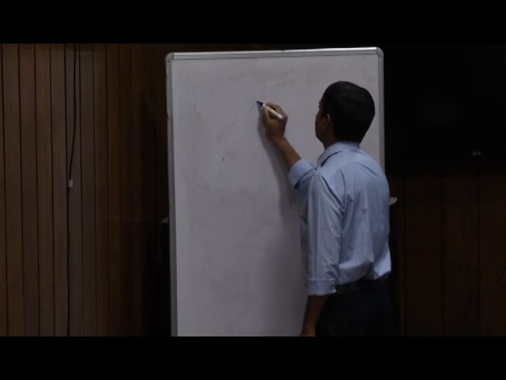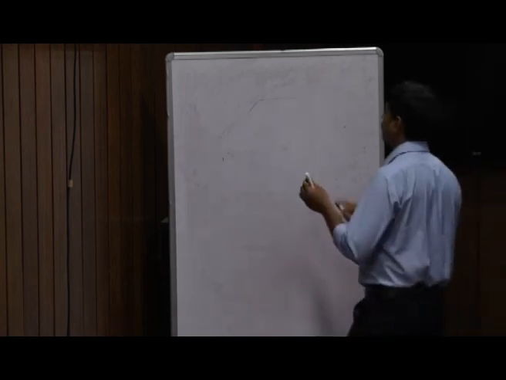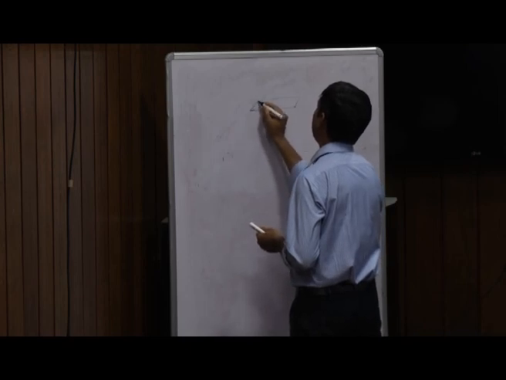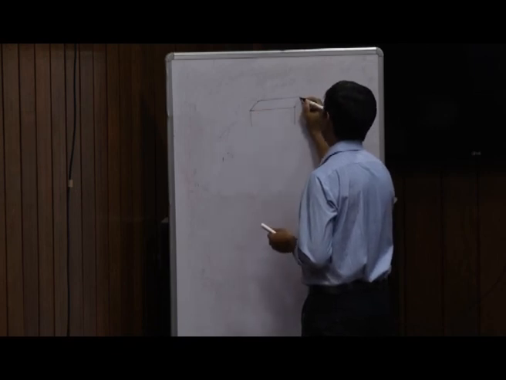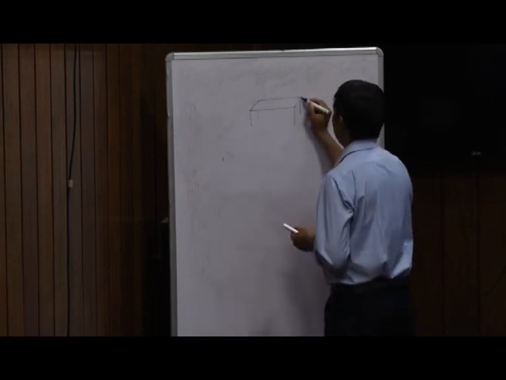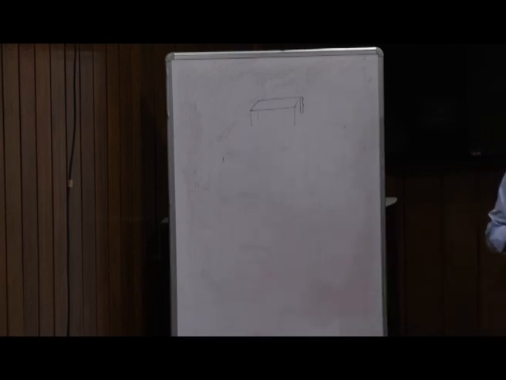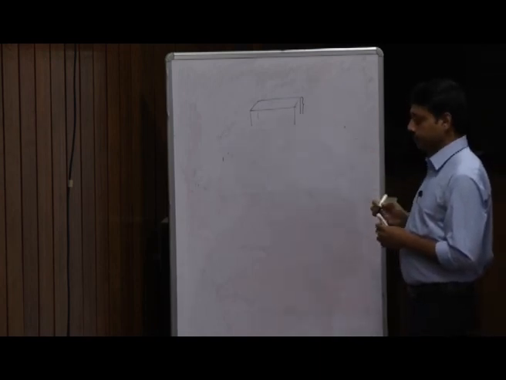So we want to design a bench for a classroom. We have to decide the leg height for the bench. So the design dimension is the leg height.